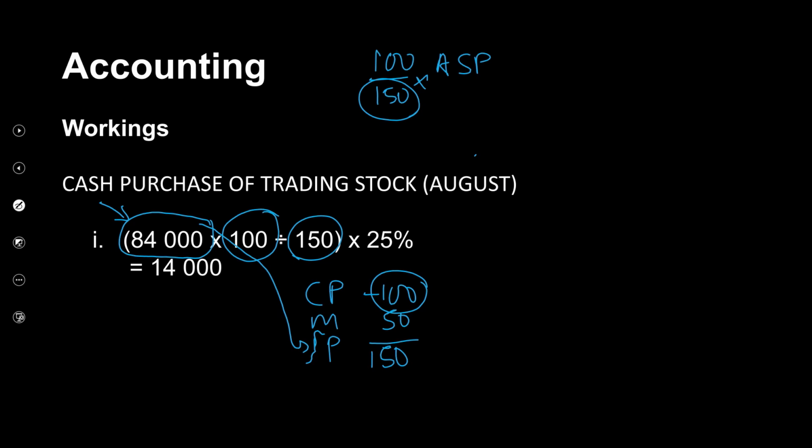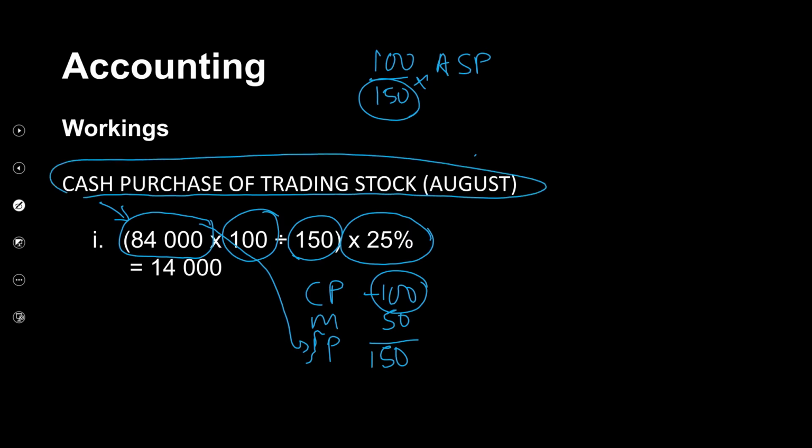Therefore, looking at my calculation once again, it's your 84,000 times 100 divided by 150 times your 25%, and that is important. So what are you determining here? Your cash purchase of trading stock. That means how much stock are you buying for cash?